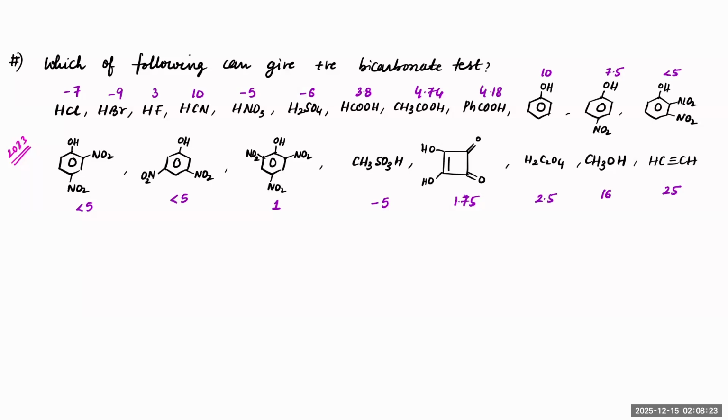So check out which of them can give positive test. 1, 2, 3, 4, 5, 6, 7, 8, 9, 10, 11, 12, 13, 14, 15. These are the 15. So these 15 acids can give positive bicarbonate test. Got it?